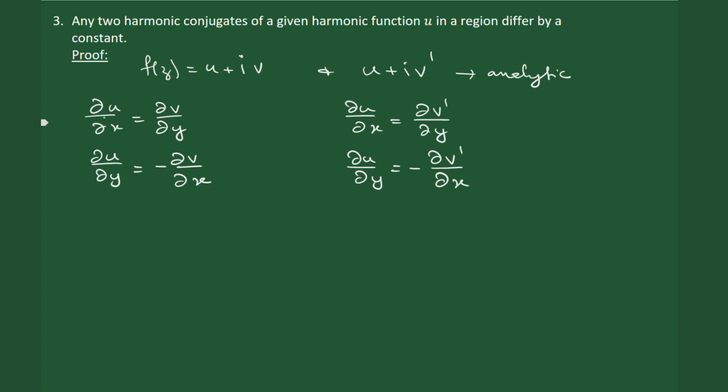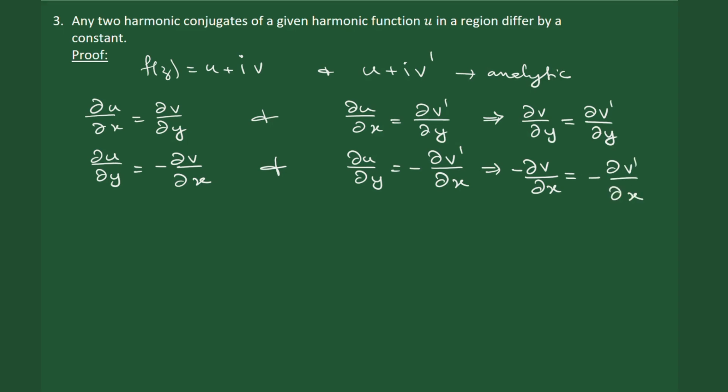If you see the first equations, dou u by dou x is the same in both, so from these two we have dou v by dou y is equal to dou v dash by dou y. Similarly, from the other two equations, we have minus dou v by dou x is equal to minus dou v dash by dou x.